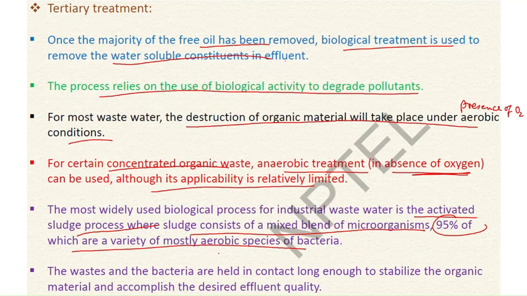In the presence of air, the waste and the bacteria are held in contact long enough to stabilize the organic material and achieve the desired effluent quality. Okay, so these bacteria will digest the soluble waste present in the water and remove it. Okay.